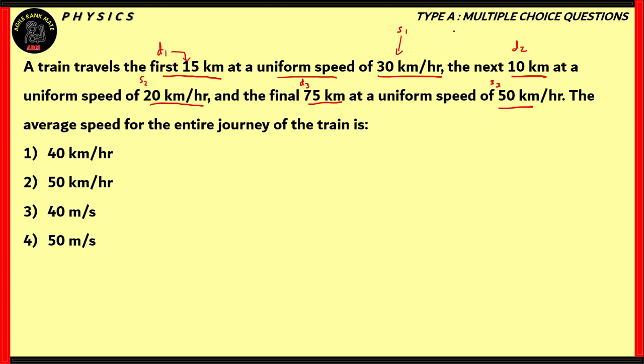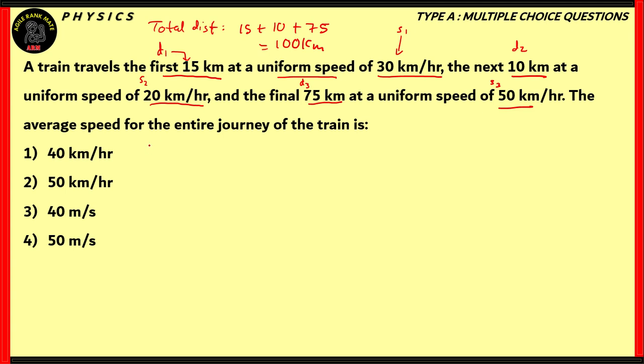Now we can calculate the total distance: 15 plus 10 plus 75, which is equal to 100 kilometers. But how do we calculate the time?